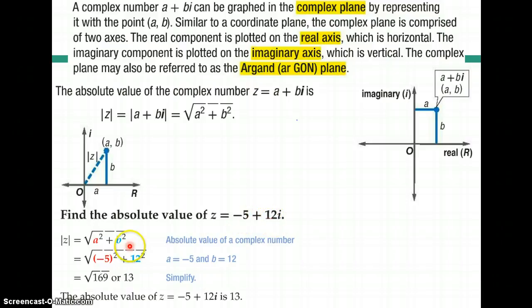Substituting the values of a and b, we have the square root of minus 5 squared plus 12 squared, which is equal to the square root of 169, or 13. So the absolute value of z equals minus 5 plus 12i is 13.